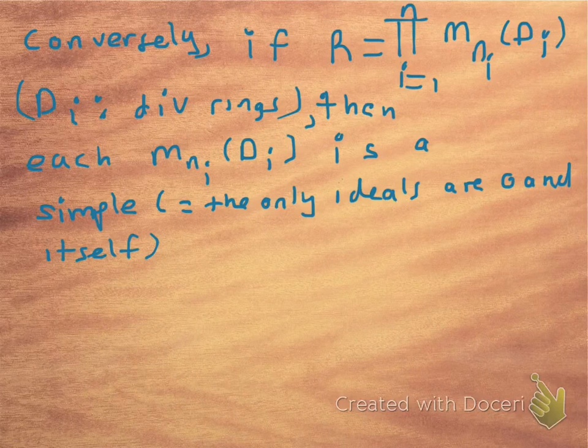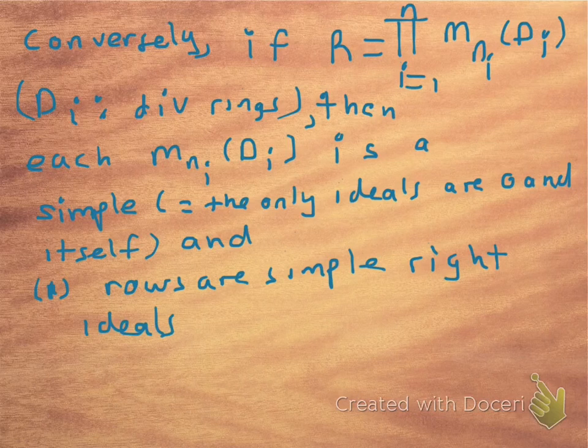This is known to be no longer true for right or left ideals, which also is a good exercise to prove. But this is enough to say M_{n_i}(D_i) are simple rings. And they are furthermore semisimple rings, right and left. Well, how do we get the semisimplicity right and left of this matrix ring?